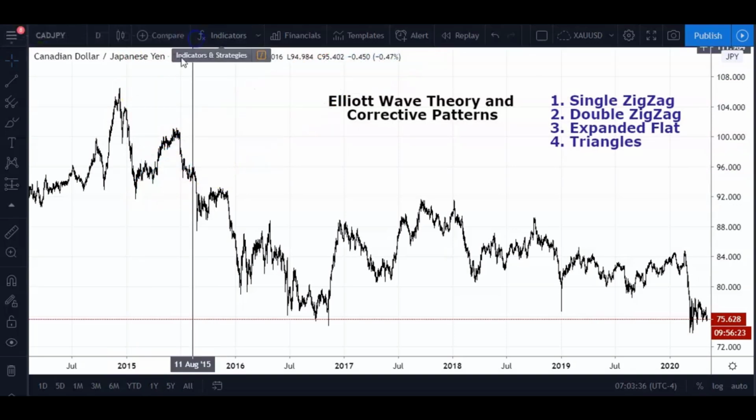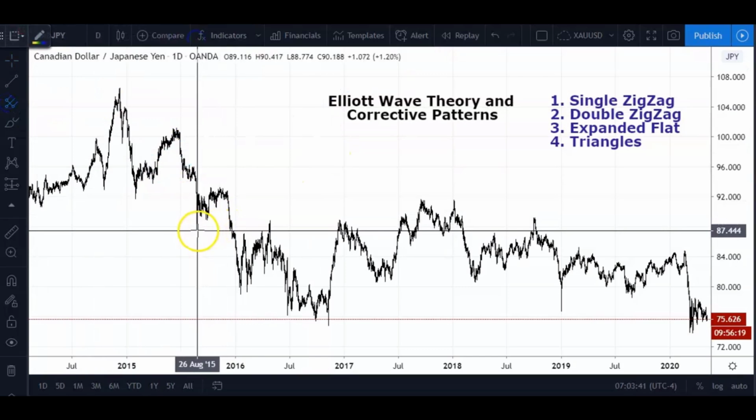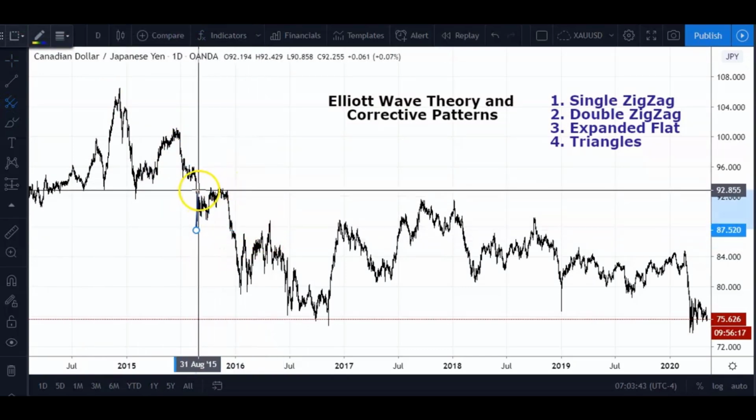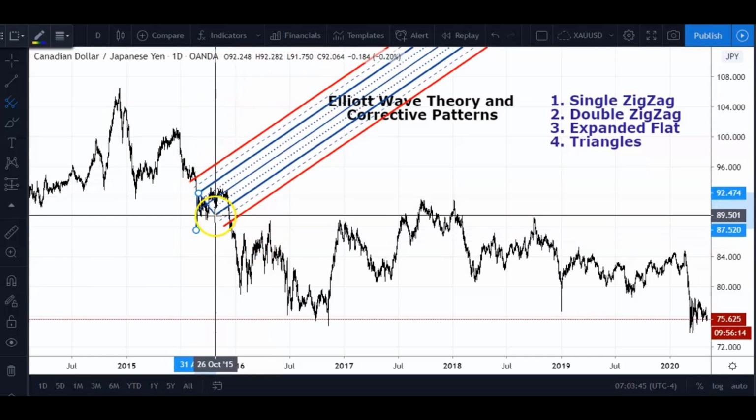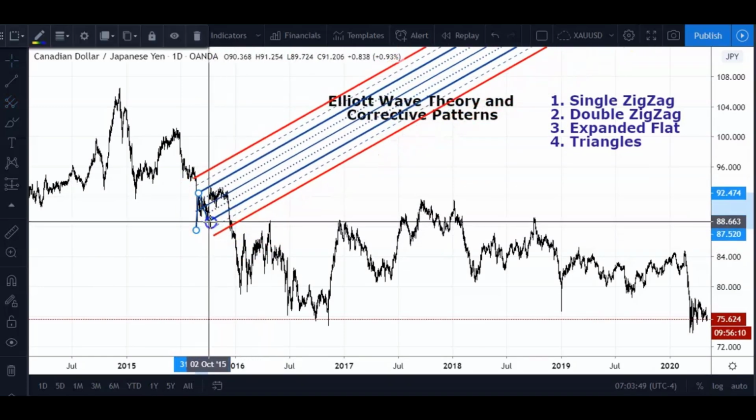Obviously, again, in hindsight, but it's pretty crazy to see how these corrections tend to end at the end of, I'm going to say median lines, upper median lines, or lower median lines.